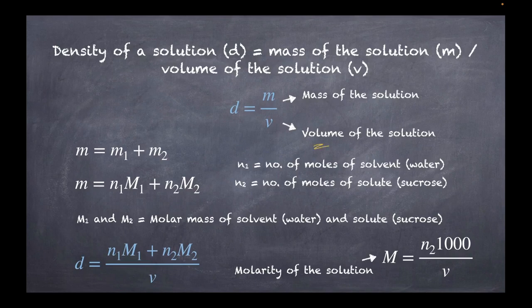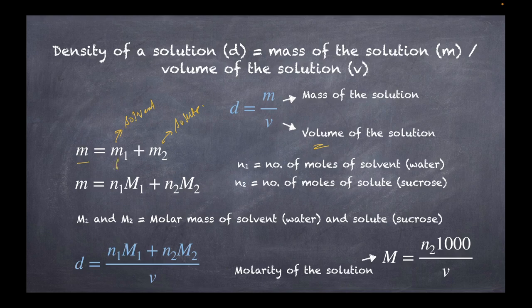Now let's say in our solution m1 gram of solvent is there, and m2 gram of solute is there. That means m1 gram of water and m2 gram of sucrose. So the total mass m will be just m1 plus m2.